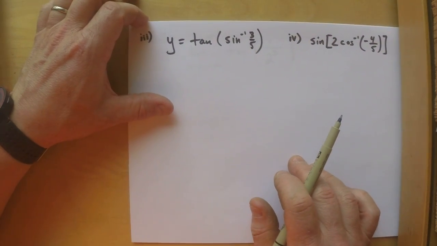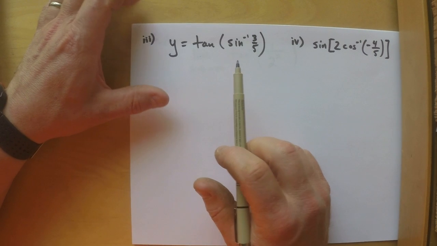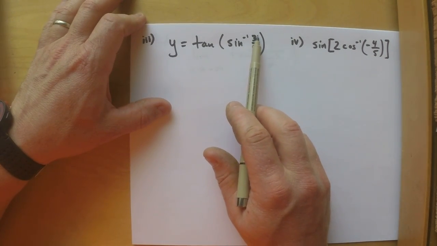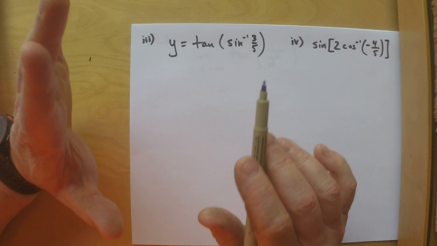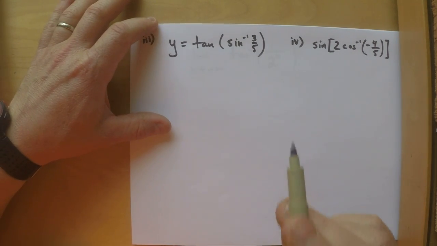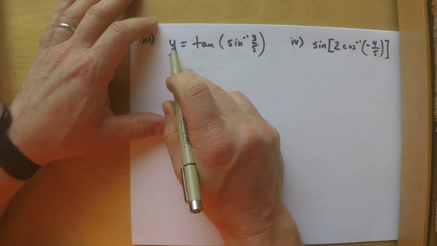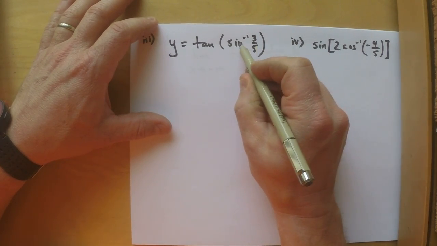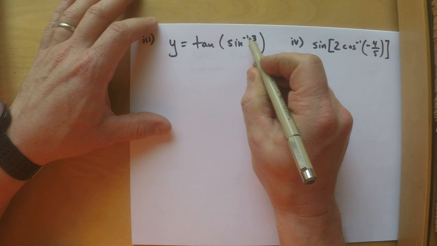Next guy. How do we deal with one like this? Tan of sine inverse of 3 over 5. Well, for me, I really have to think about this for a minute. First of all, I'm going to analyze what this is even going to be spitting out. So I work from the inside out. What does inverse sine take in?